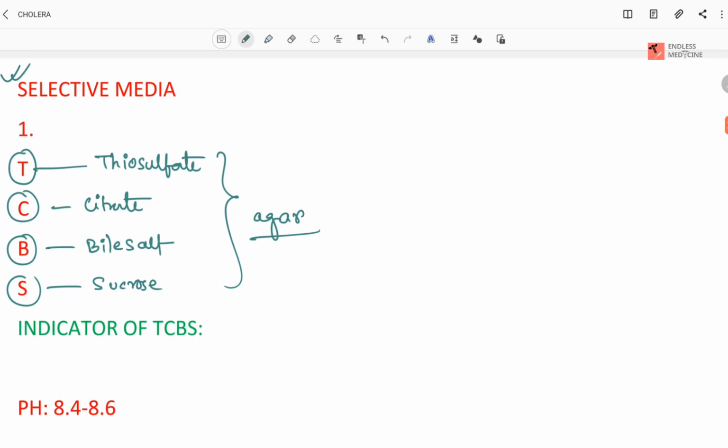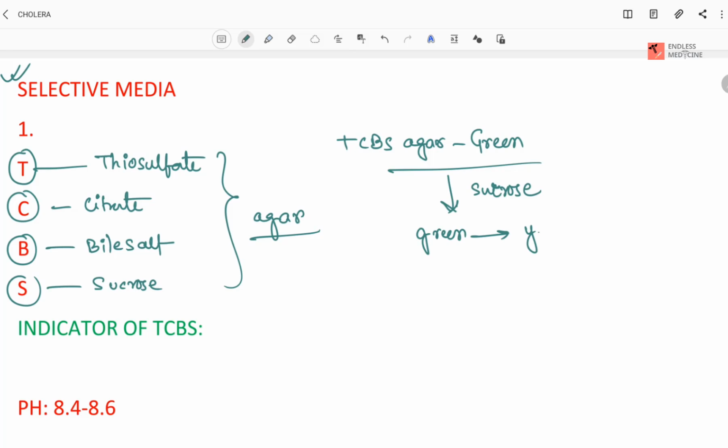Normally this TCBS agar looks green, but fermentation of sucrose causes transformation of the color from green to yellow.